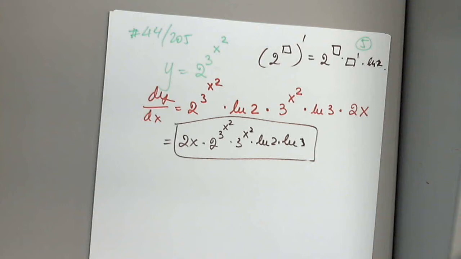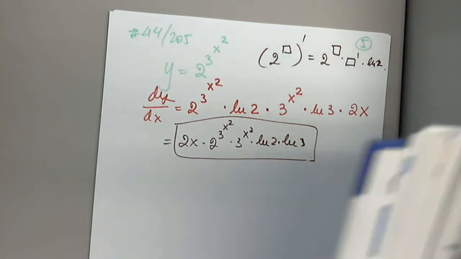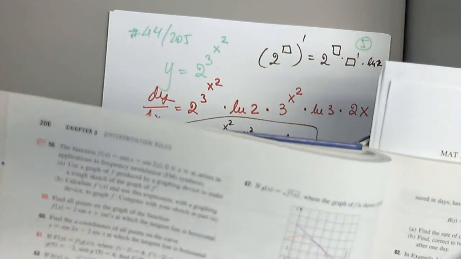Now I would like to look at some applications to see why we're doing this. Are you interested in a function that represents rumor? That's one example here that I see. Number 84: under certain circumstances, a rumor spreads according to this equation.